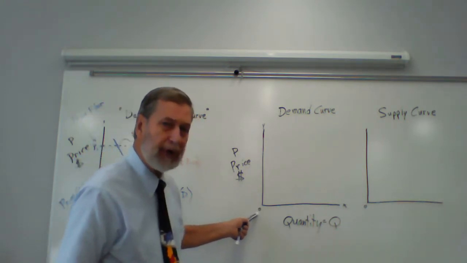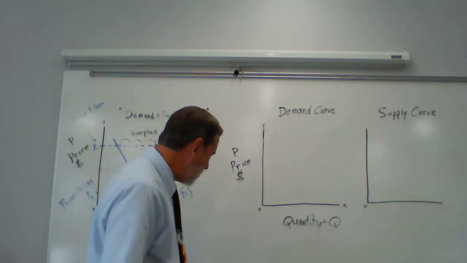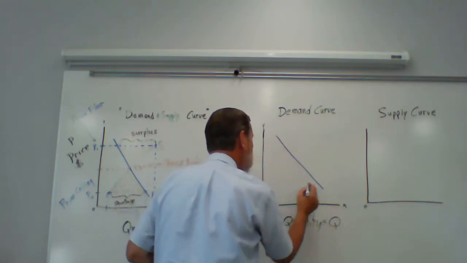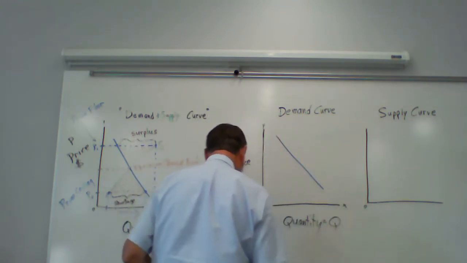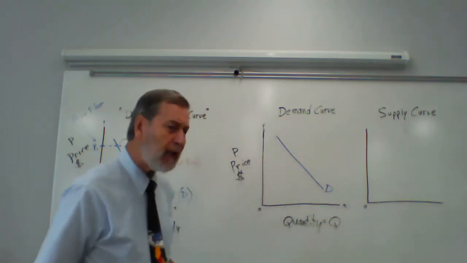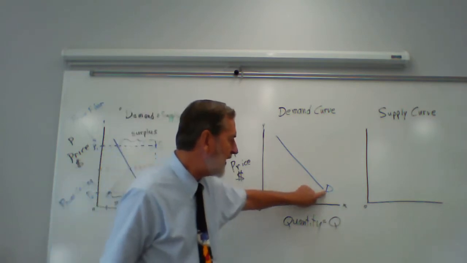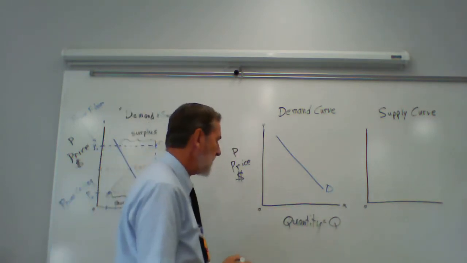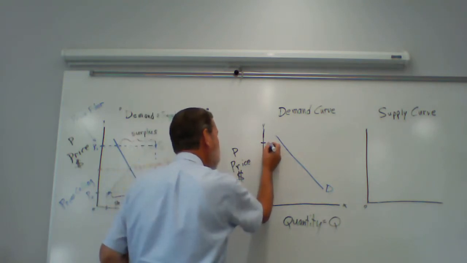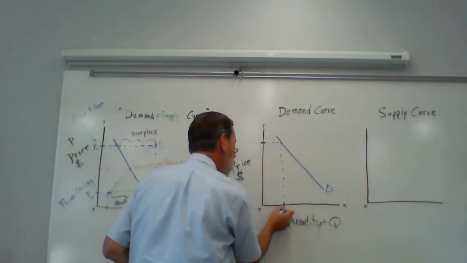So we're going to draw a graph. It's going to have a point of origin on it as a reference point. And for the demand line, to demonstrate the concept, we're going to put a downward sloping line to the right, and we're going to call this D for demand. What this means is the higher the price, then the demand will be fairly low.